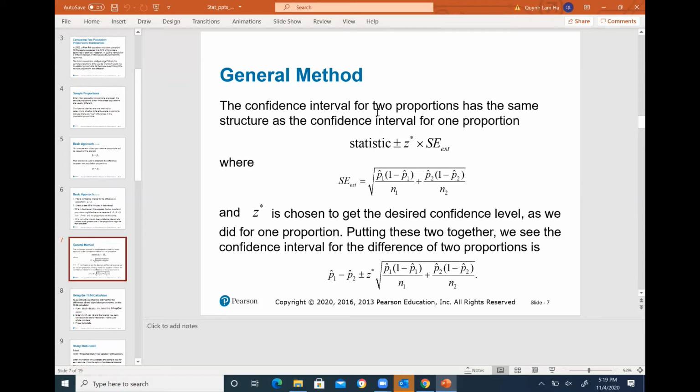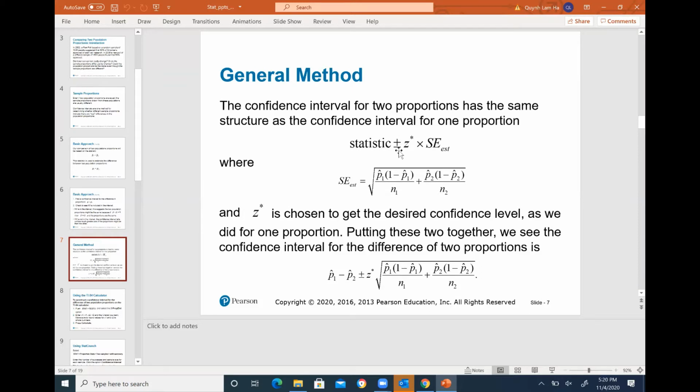The confidence interval for two proportions has the same structure as the confidence interval for one proportion. This time we are doing it for two. So what you're going to do is use this formula: statistic plus and minus, the statistic, which is the percent, right?